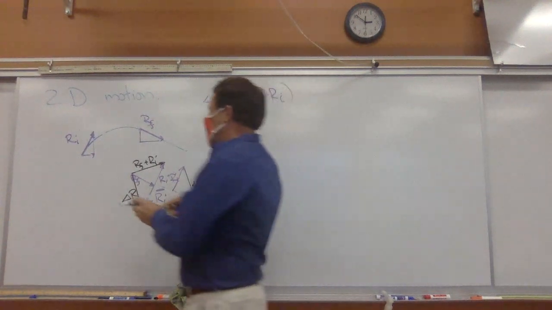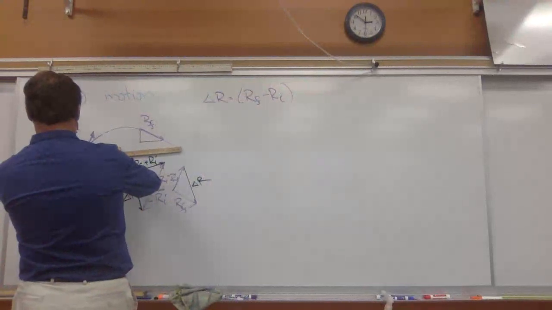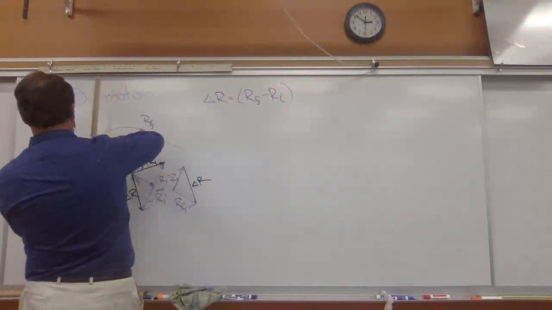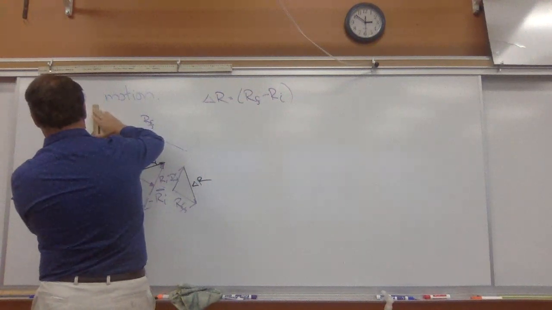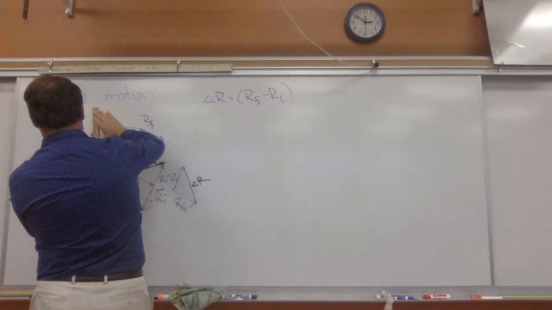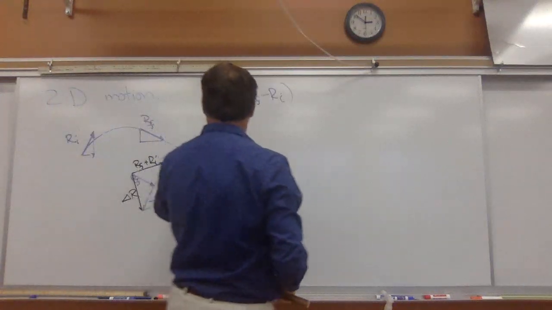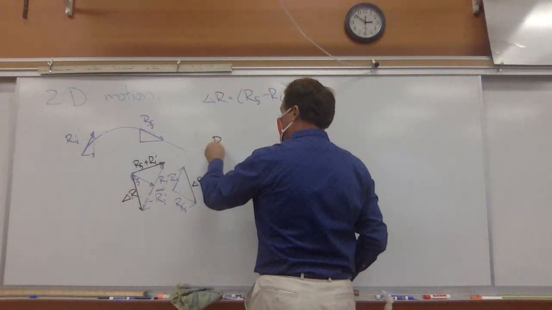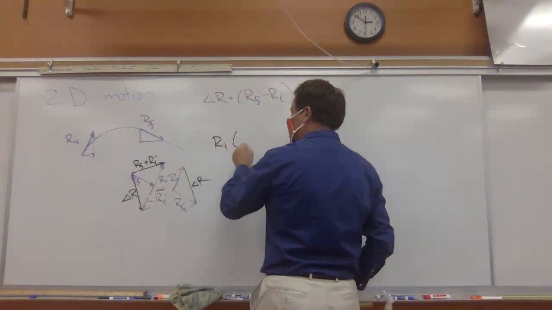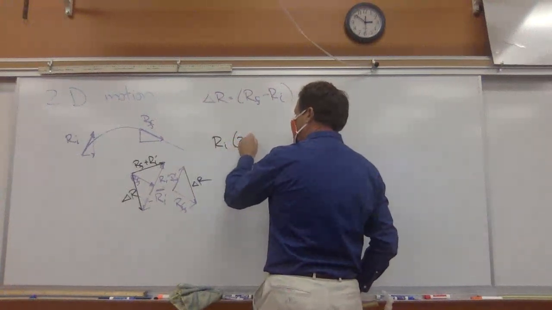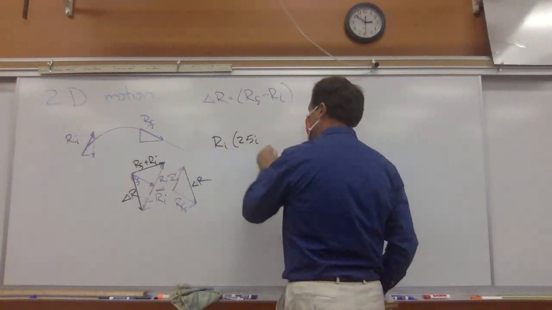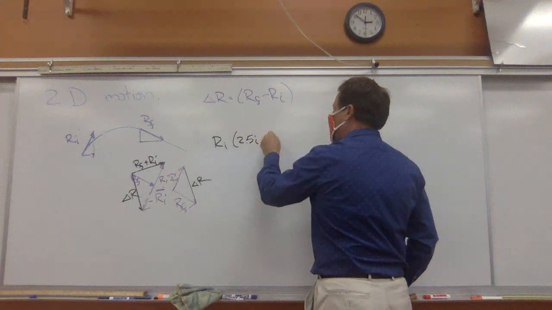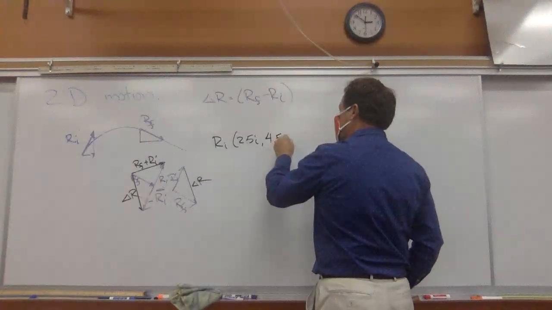What I've got here is about 2.5 and about 4.5. So my R initial is going to be 2.5i and 4.5j.